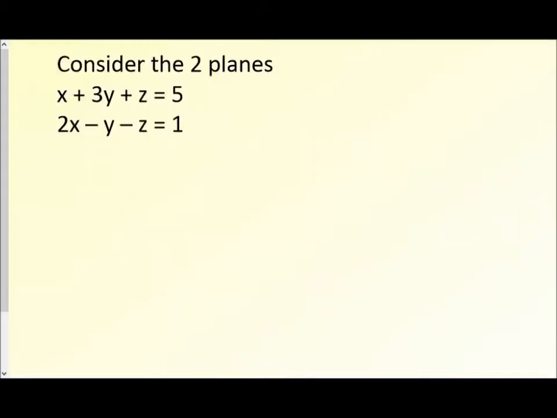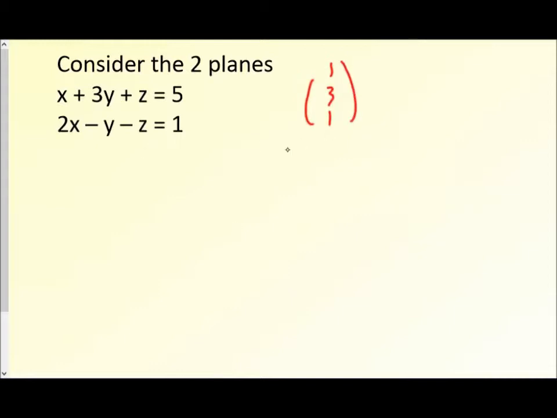So here's a question. We're going to have a look at these two planes here. Now the first thing I want to do is to work out whether they are actually parallel to one another. So the direction of the first one and the direction of the second one, are they the same? Are they parallel? Well, the normal to the first one is 1, 3, 1. It's the same one we just had there.